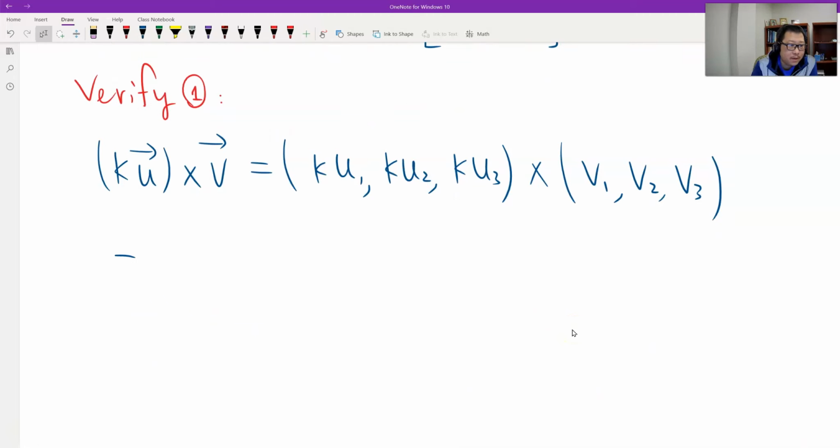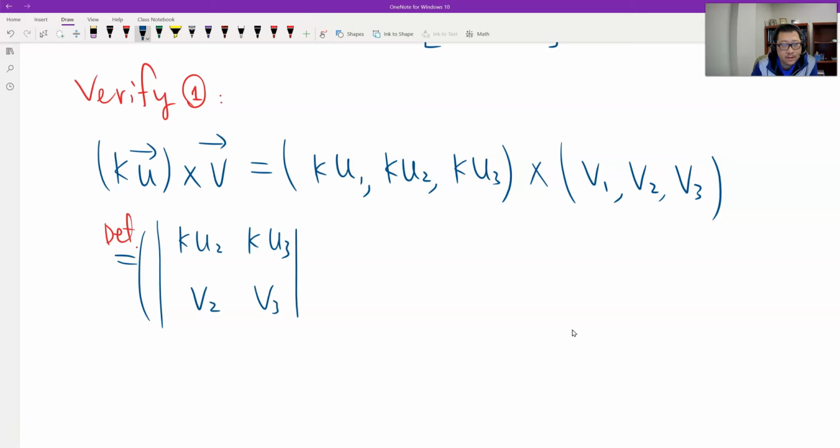By the definition of cross product, this should be a vector. The first is KU2, KU3, V2, V3.